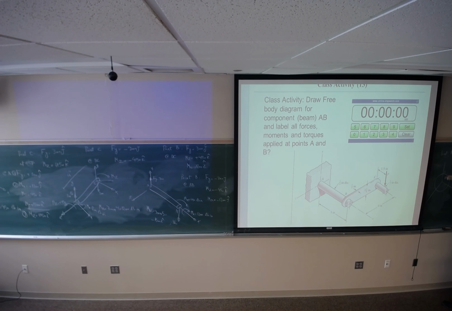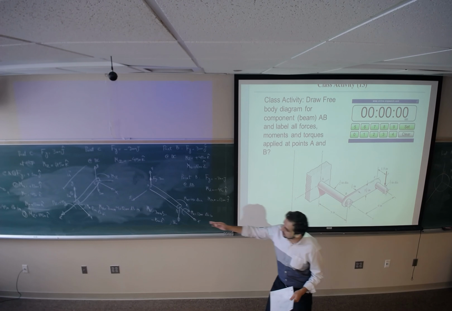Cross section A, I mean. Fy would be negative 300, MZ would be negative 1950 K, and MX would be negative 1200.